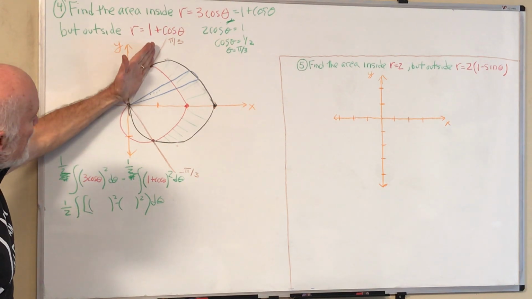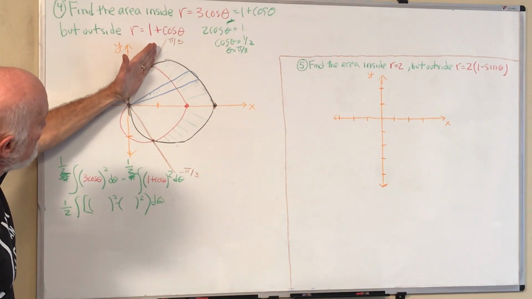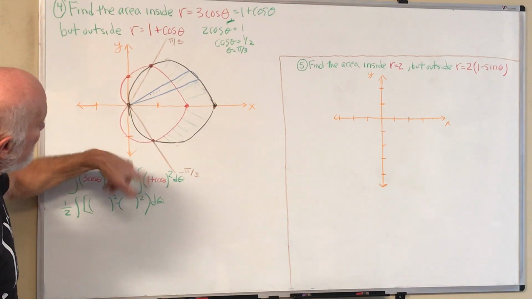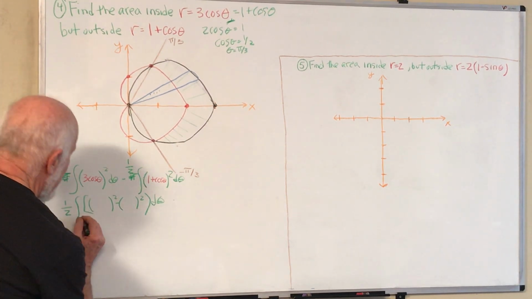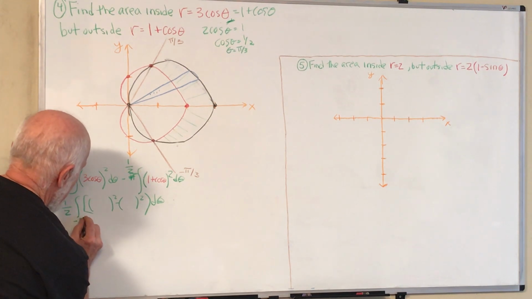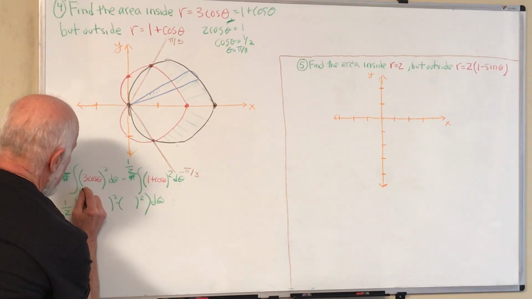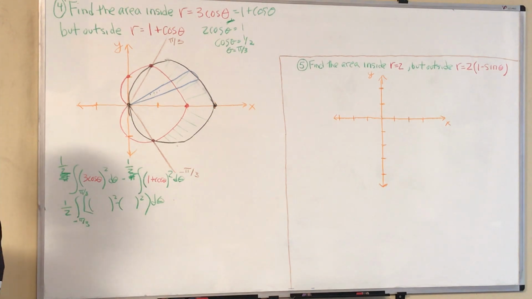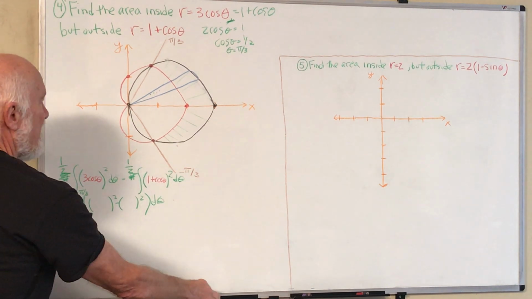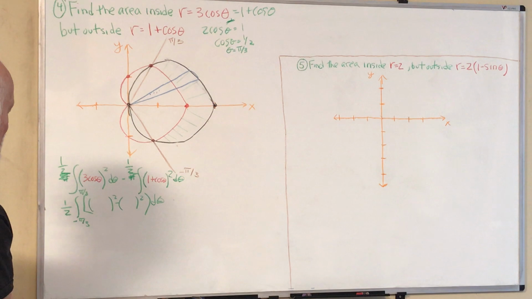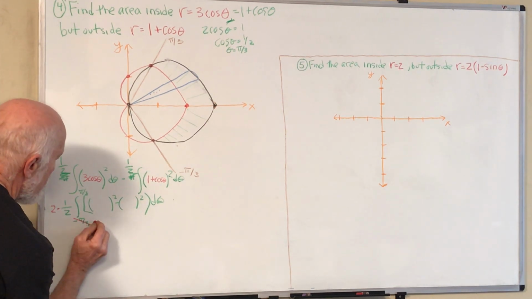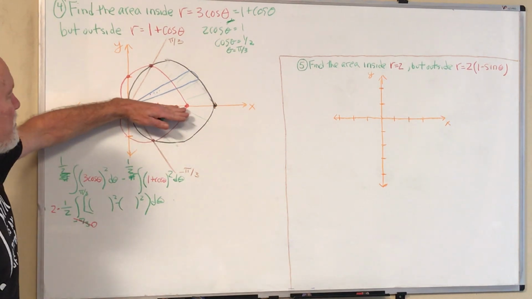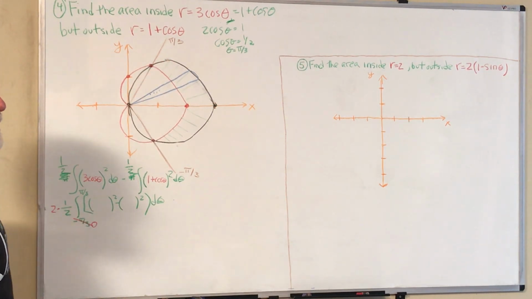There's going to be no pie past pi over 3 or past negative pi over 3. Now, because of the symmetry, to save yourself some time, you can just multiply by 2 and go from 0. Just go this part of the pie.